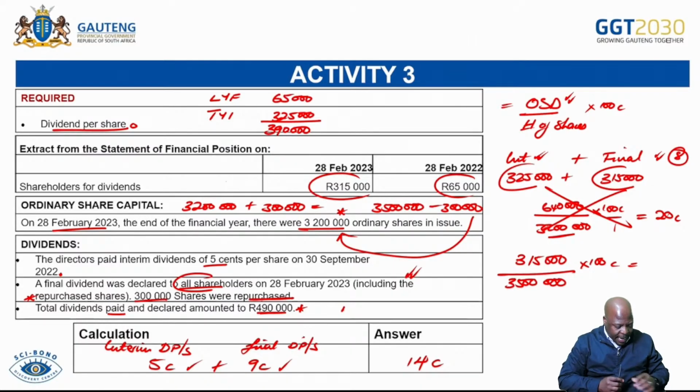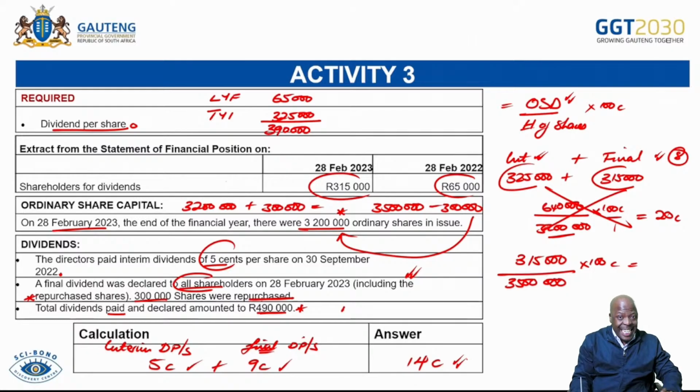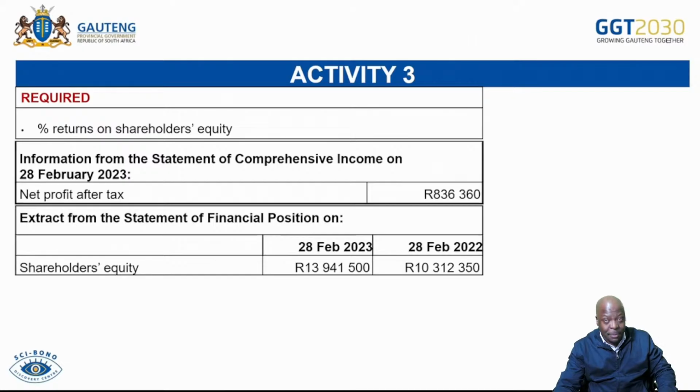So it is advisable, once you see that change, quickly calculate it per share. And in this question, we're already given the 5 cents for the interim, which is this one here. So it would make it easy just to come and calculate the final dividend per share, which is 9 cents. Then you end up in total with 14 cents. Can I go? Okay, let's quickly go now to the last one.